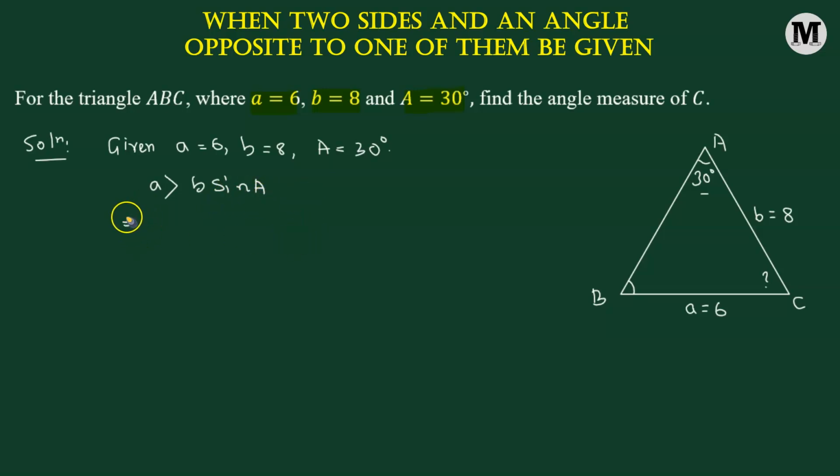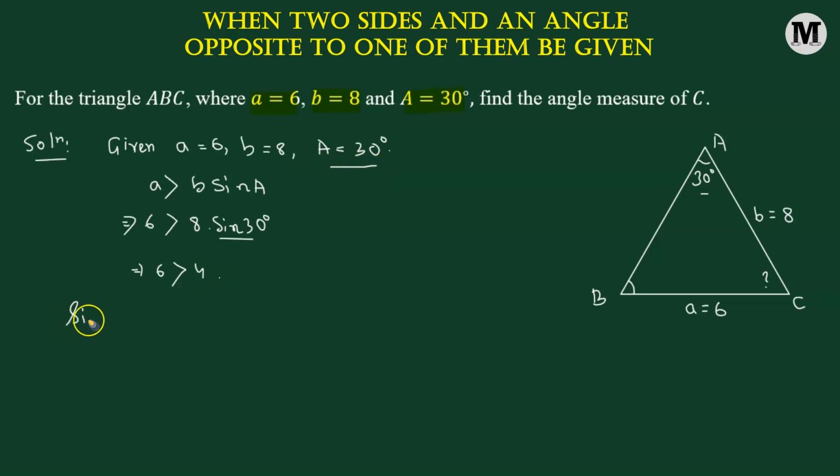Here a, that is 6 units, must be greater than b, which is 8, multiplied by sine of angle A, which is 30 degrees. We know sine 30 degrees is 1/2, so 1/2 of 8 is 4. Yes, this is a correct statement, which means there will actually be 2 triangles, provided A is an acute angle.